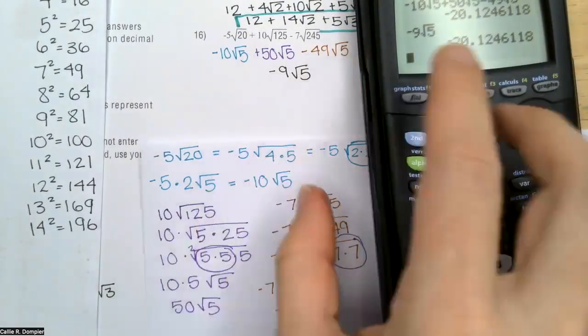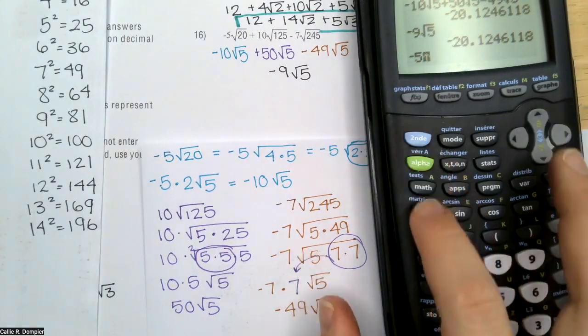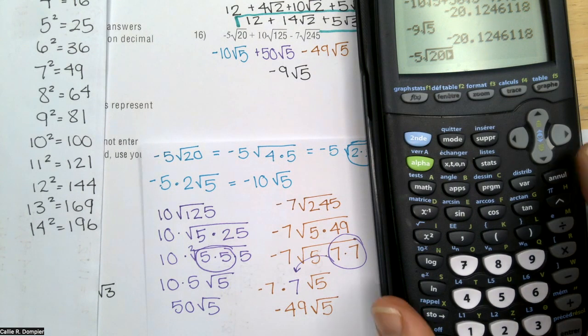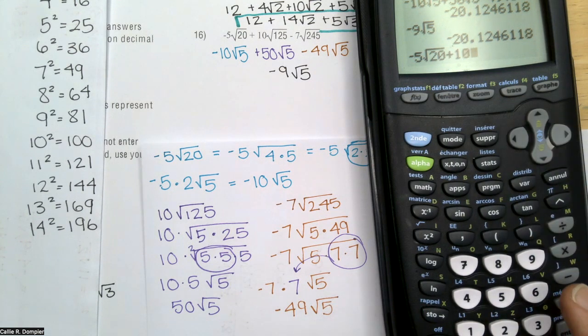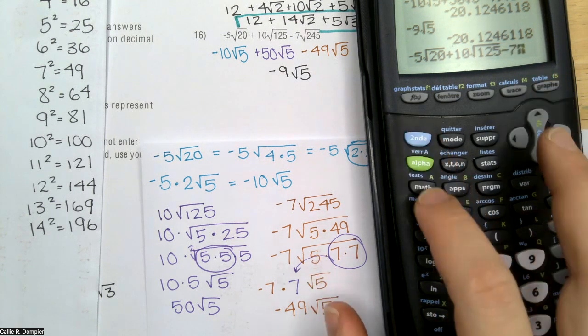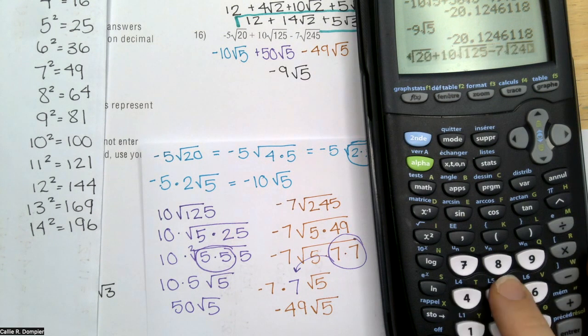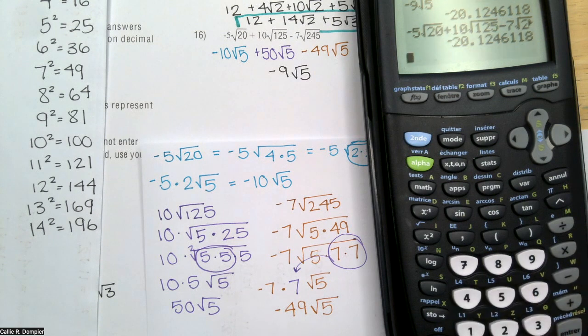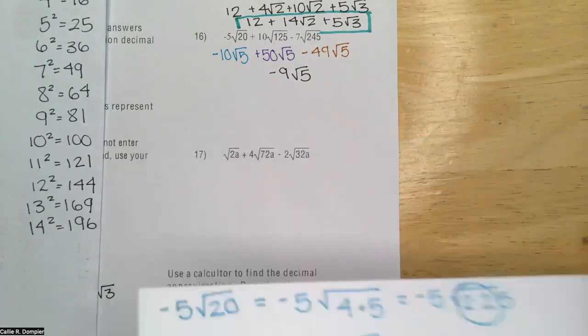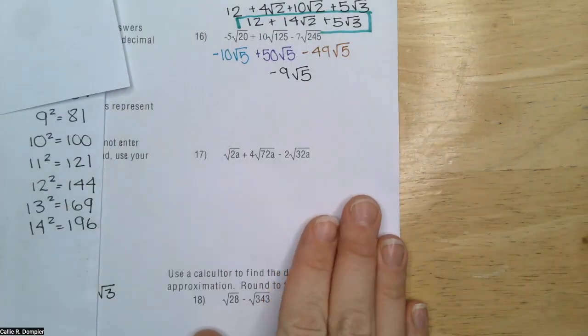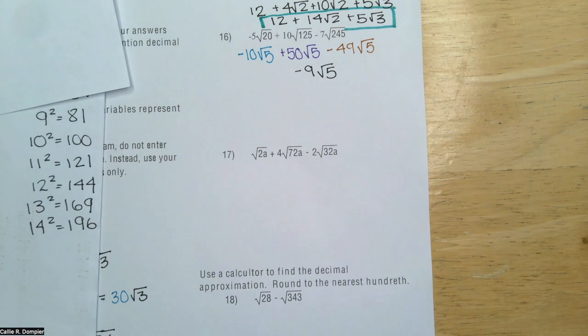And if you put all of that in your calculator, negative 5 square root 20 plus 10 square root 125 minus 7 square root 245 should give you that same number. They don't want the decimal. I mean, if they do, don't do all that. Put it in your calculator. All right.